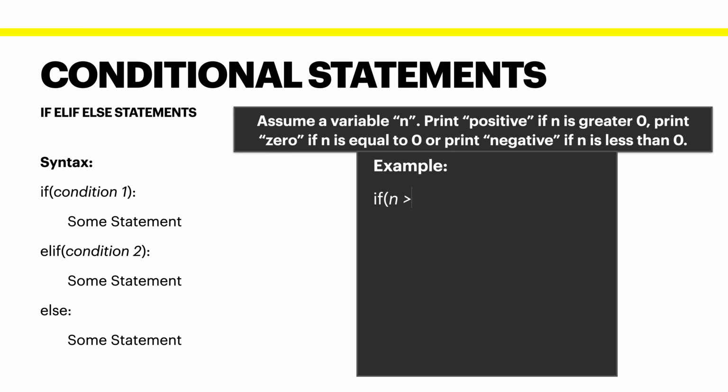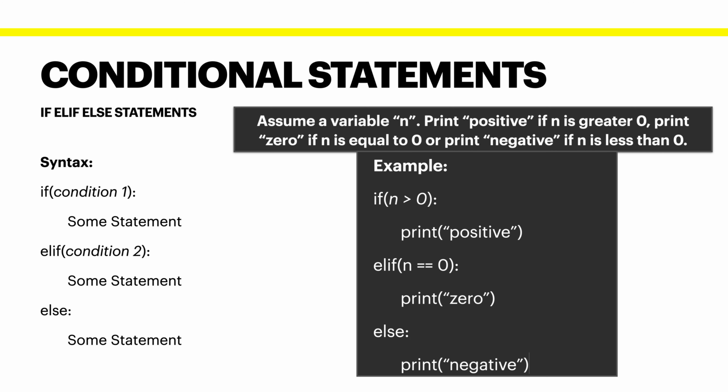So first of all, we checked if n is greater than 0. This block checks if n is greater than 0. Then if it is greater than 0, it will print positive on the screen. But there is another condition also. That is, we have to print 0 if n is equal to 0.